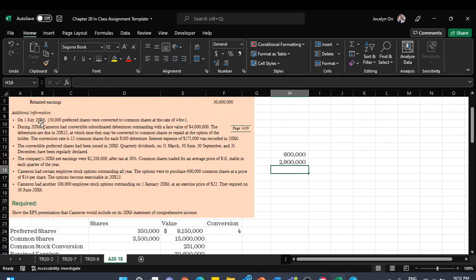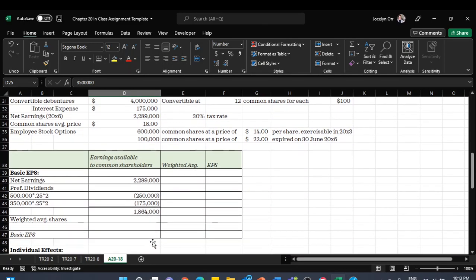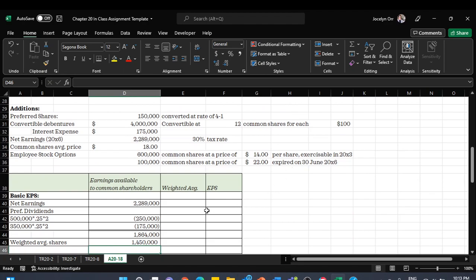Okay, this conversion happened in July, which means for half the year, so 6 months, we had this amount, and for 6 months, we had this amount. So we want to look at the weighted average of that. Okay, so our weighted average shares, let's start with our 2.9 times 6/12.